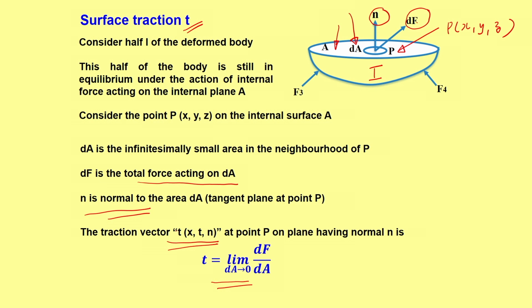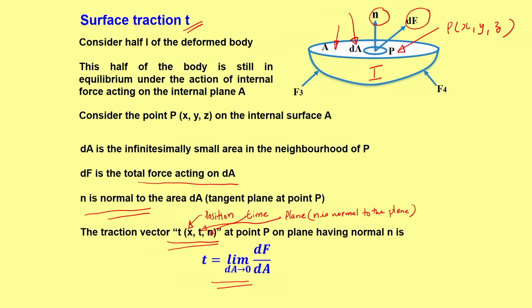What does that mean? The traction vector T is a function of position, it is a function of time, and it is a function of the plane. N is the normal to the plane.